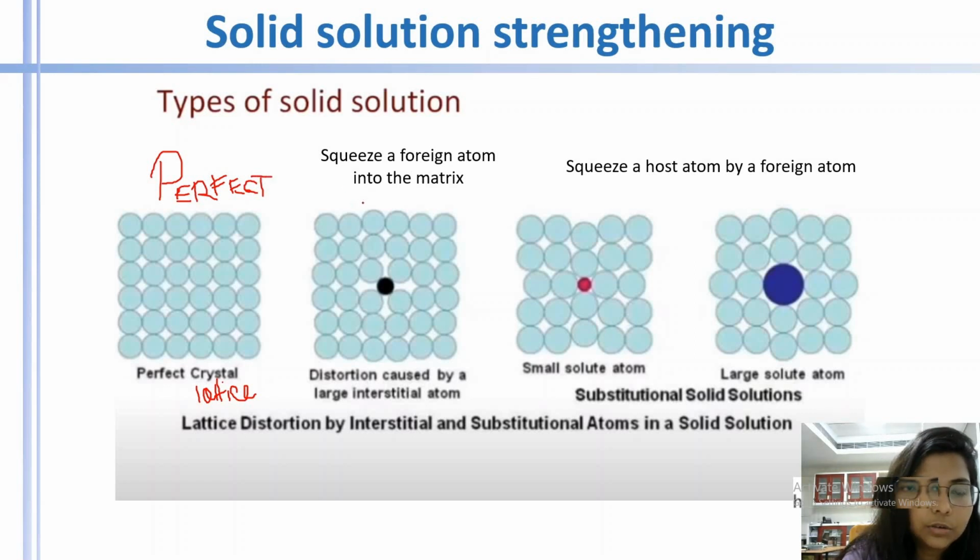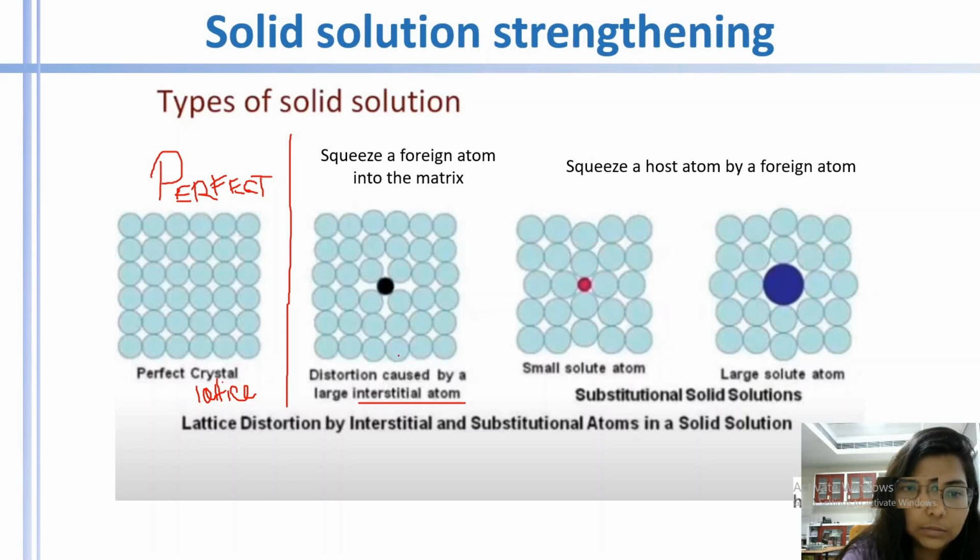So this is not a solid solution, this is a perfect lattice. From here the solid solutions start. If we squeeze a foreign atom into the matrix, called an interstitial atom, then there will be a stress field around it, a lattice distortion.